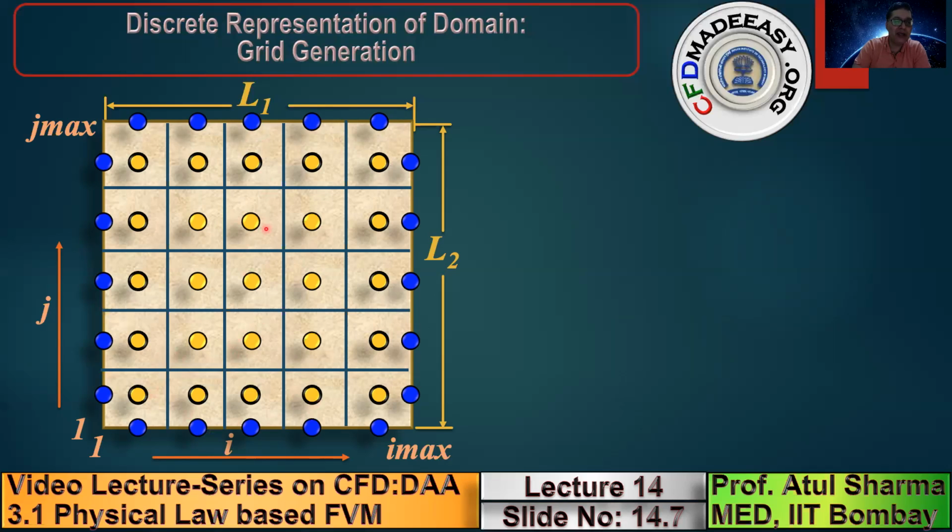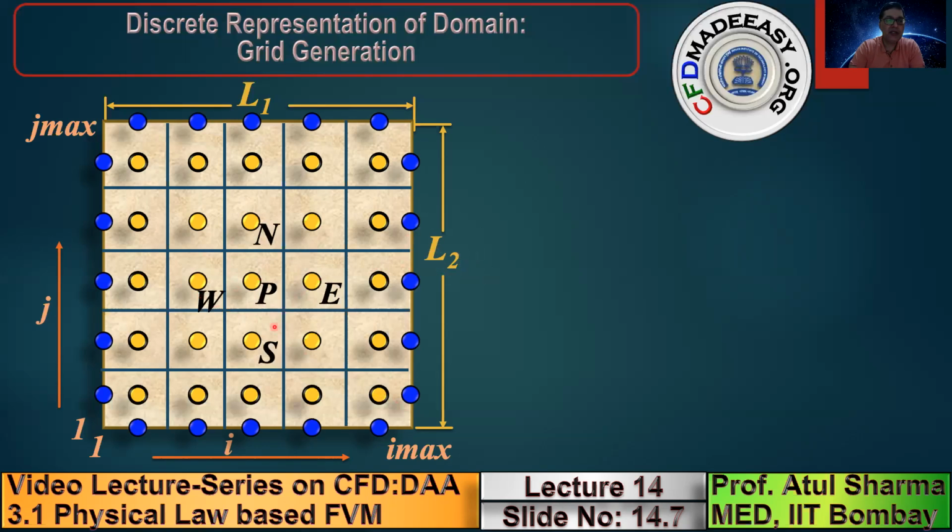If I want to write a general expression, note that imax is 7, so delta x will be L1 divided by imax minus 2, 7 minus 2, which is 5. So for any value of imax, delta x equals L1 divided by imax minus 2, and similarly delta y will be L2 divided by jmax minus 2.